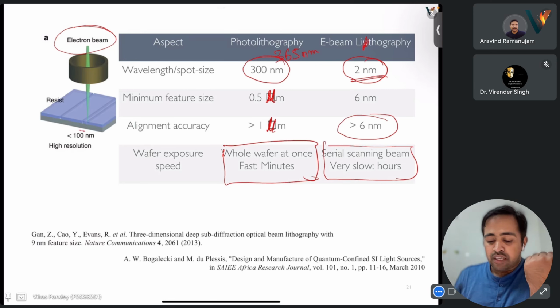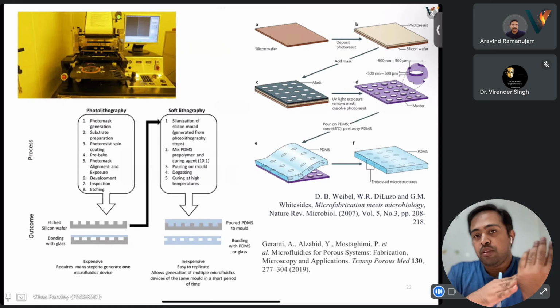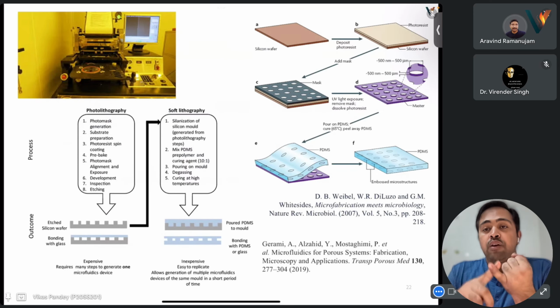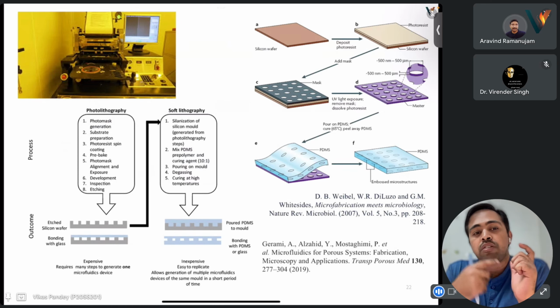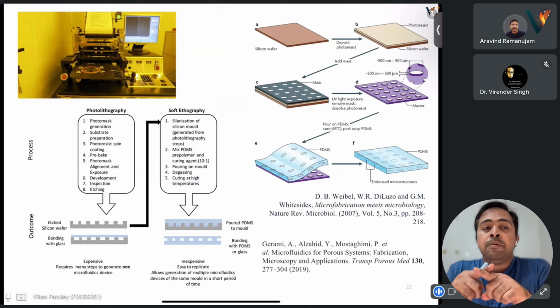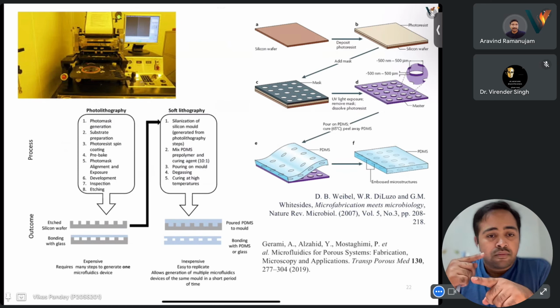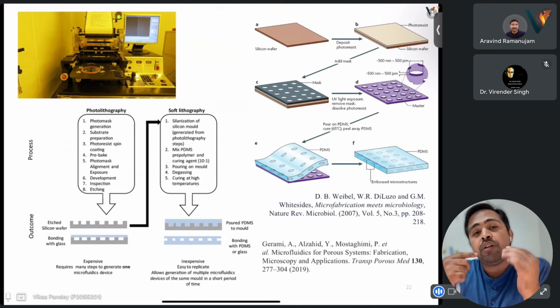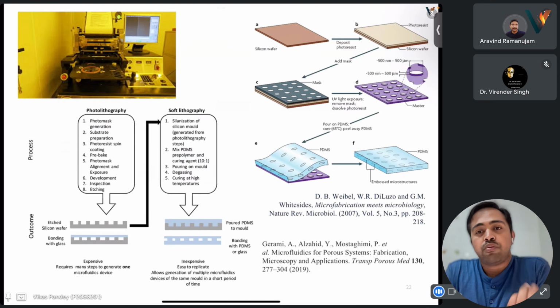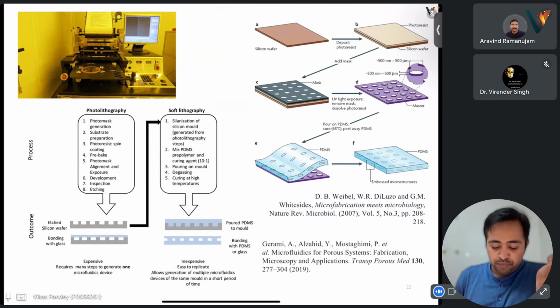Now we have lithography. Suppose we want to go for soft lithography. In this case also, the process will start with photolithography or e-beam lithography according to the dimension we want. So we have the pattern and we are not going to bond any glass over it.